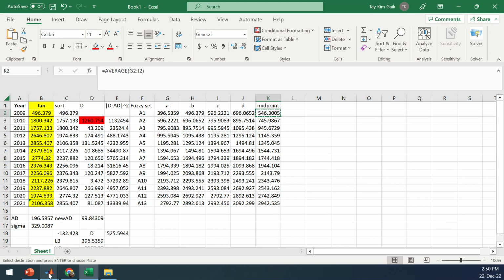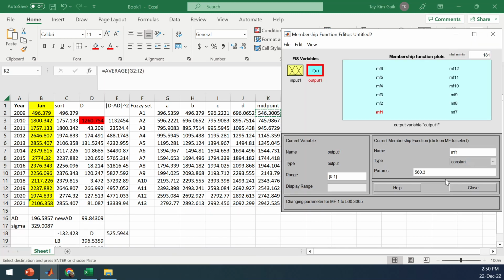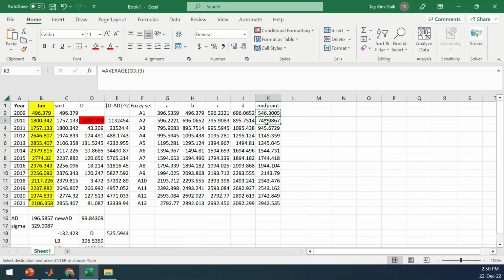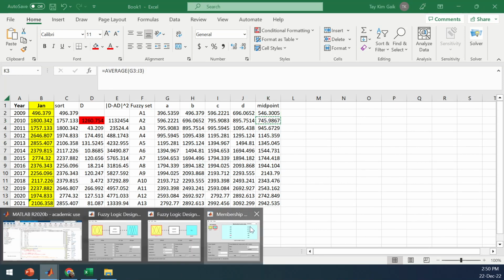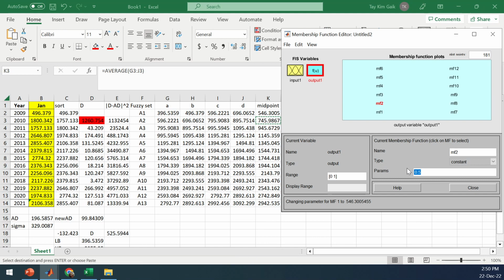this value, put it into the parameters here. And then membership function 2, you can copy the midpoint of the second fuzzy set, put it here.